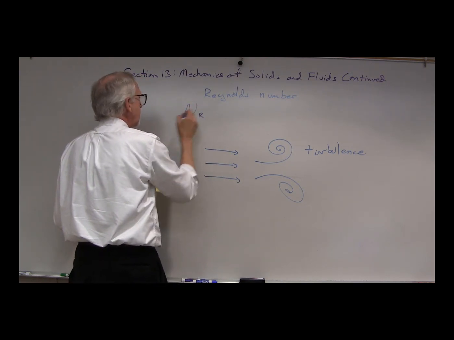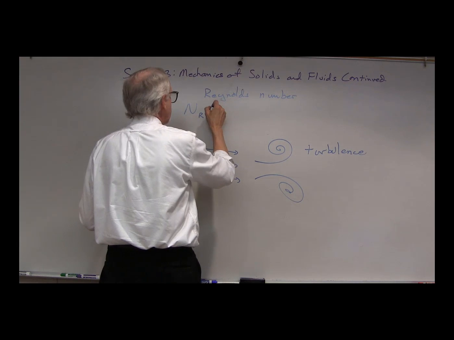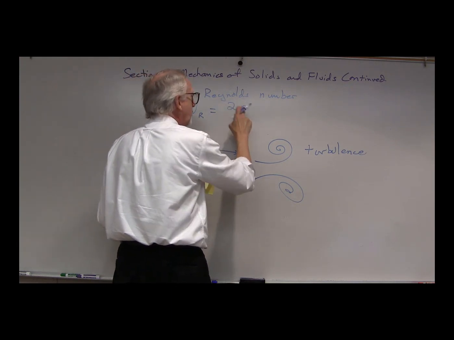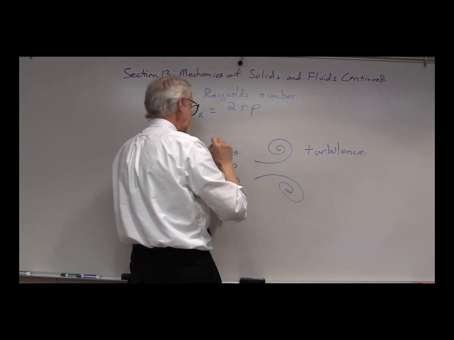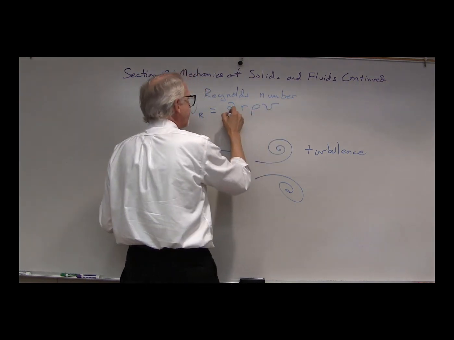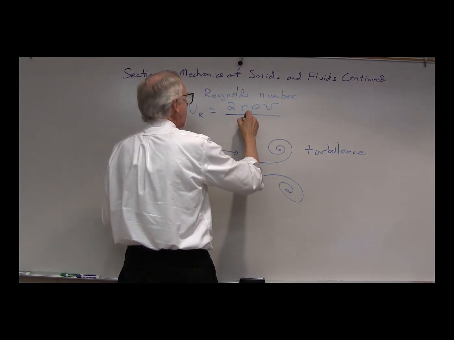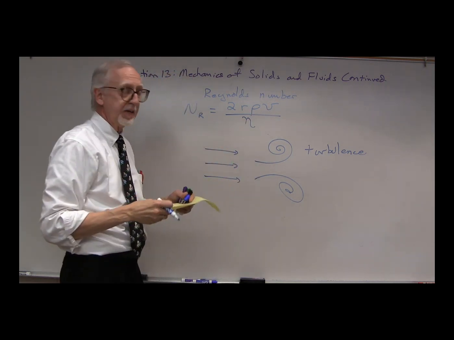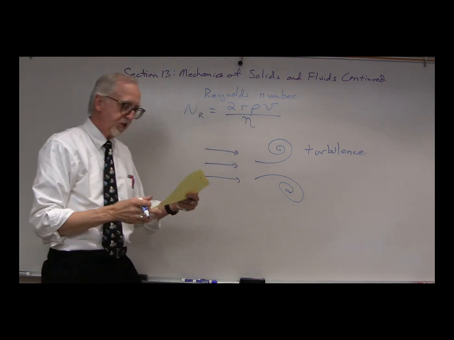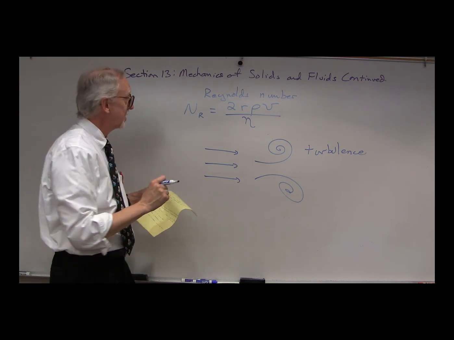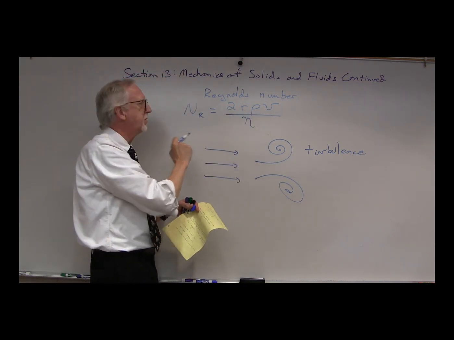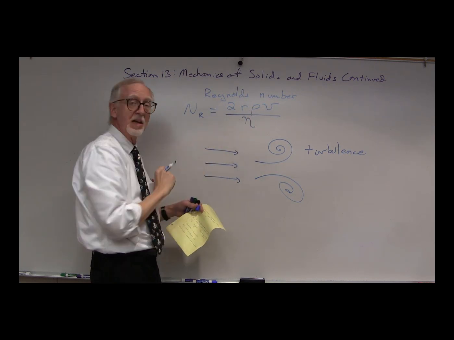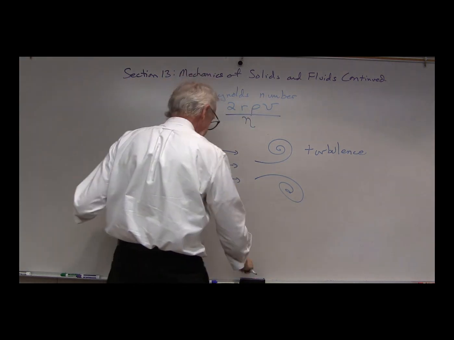The Reynolds number, we'll call this N sub r, is equal to 2r, where r is the radius of the tube it's flowing through, rho, the density, v, the velocity of the fluid, divided by eta, the viscosity. Now if we look at the units of this thing, it turns out that it is unitless. I won't go through it. You can actually stick in all the units that we've looked at before, and you'll notice that they all cancel out, and it is a unitless quantity.